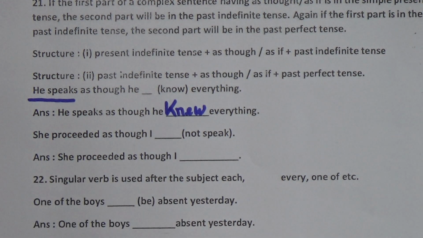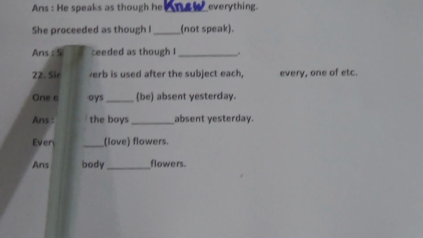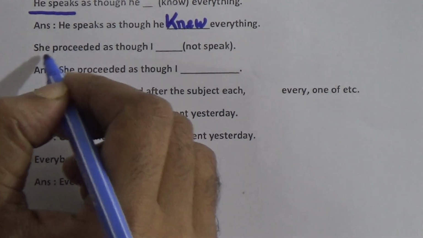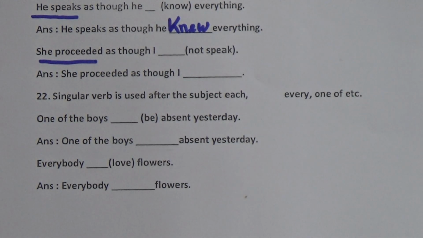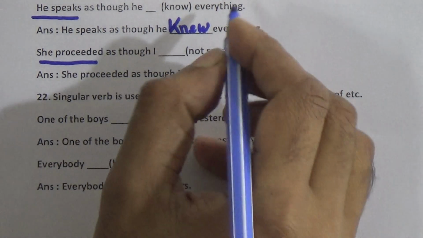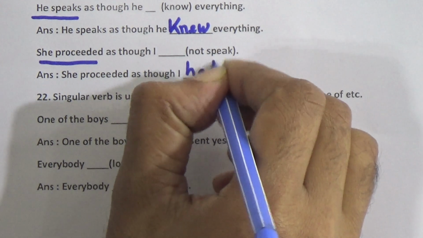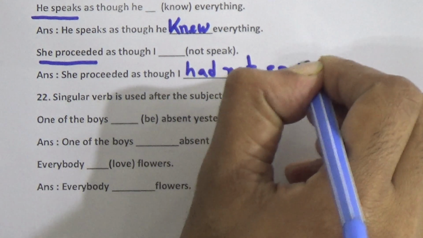Next one, she proceeded as though I (not speak). Here, look, she proceeded, this is in past indefinite tense. So the verb in the bracket will follow past perfect tense. She proceeded as though I had not spoken.